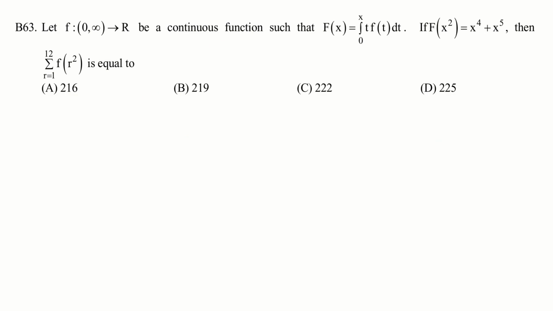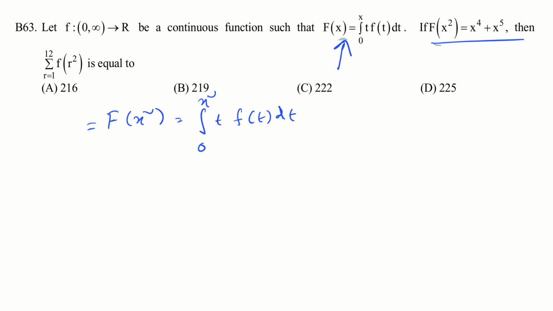So as I have the information about f of x square, in this I go for f of x square in this one. So from that I have f of x square is equal to integral 0 to x square t f of t dt. He gave f of x square as x power 4 plus x power 5. Now I take this and this, simply differentiate both the sides.